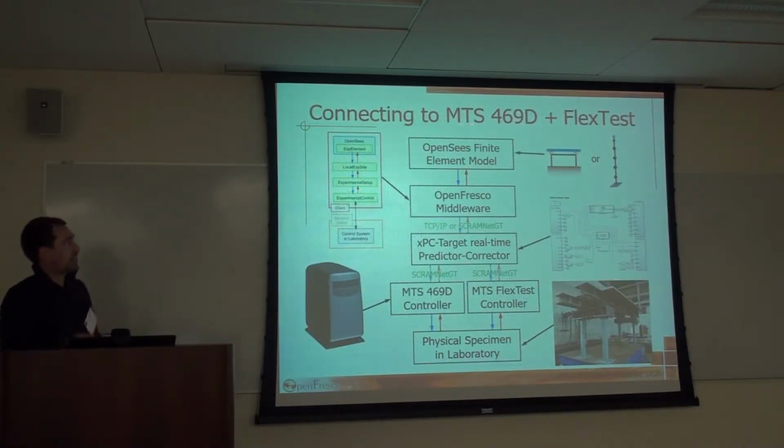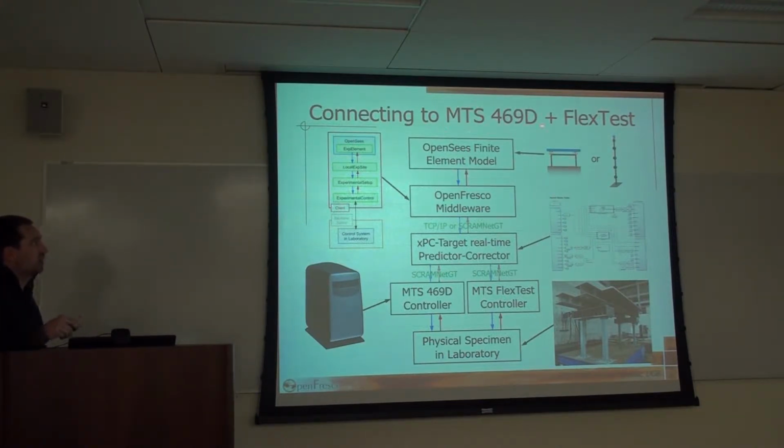How do we connect everything together? For these tests, we're using the MTS469D, that's the shake table digital controller system. And so that's how we connect. On the top we have our OpenSees finite element model. And then in the middle, as yesterday for the slow tests that we looked at, we have OpenFresco, the middleware.